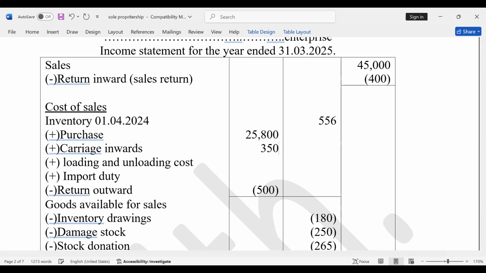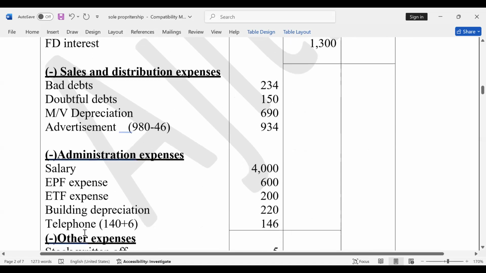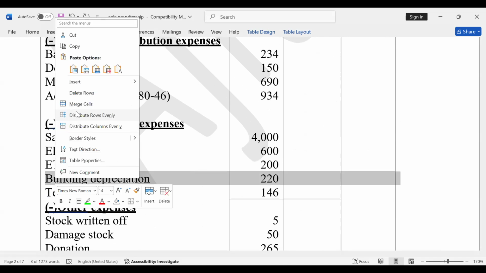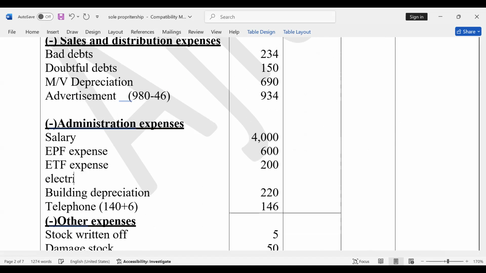Those are available in the trial balance.